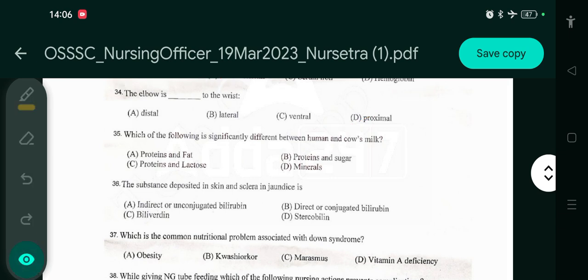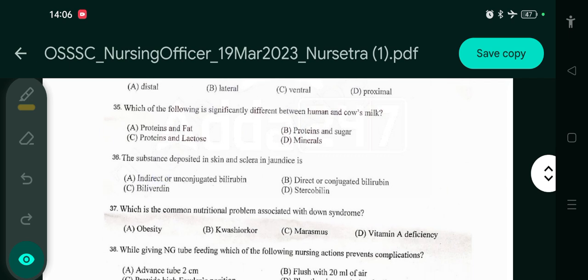Which of the following is significantly different between human and cow's milk? A is protein and fat, B is protein and sugar, C is protein and lactose, and D is minerals. Here we differentiate between cow milk and human milk.